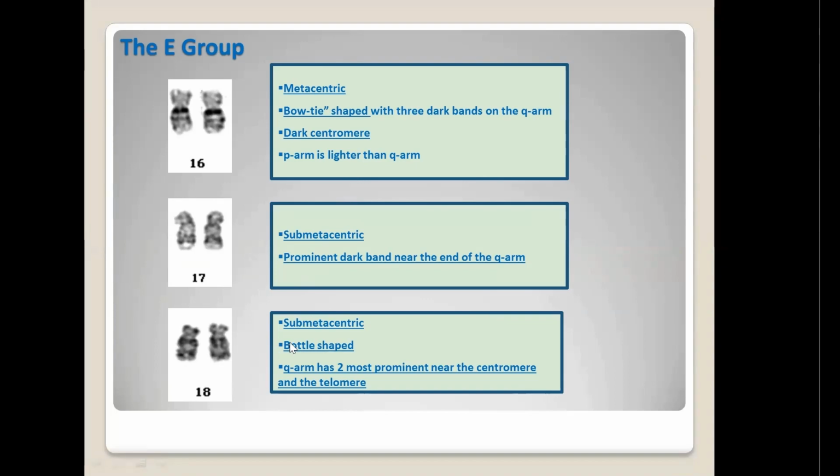Very easy to recognize. There are 2 dark bands in chromosome 18 on the Q arm, of which one is near the centromere and another near the telomere.